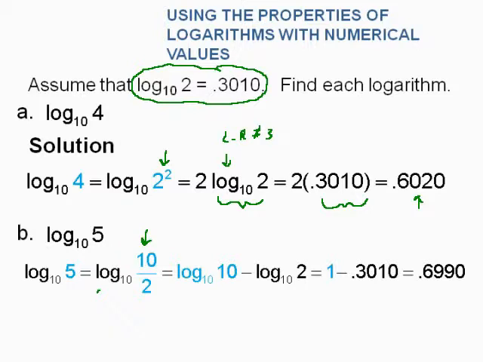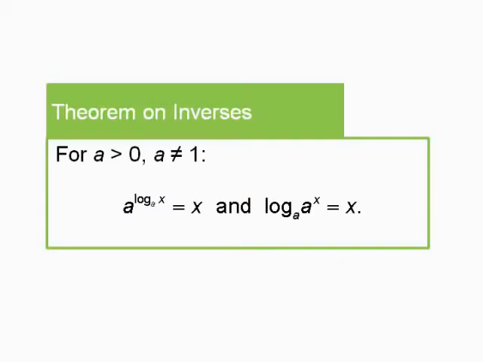And then we could say the log base 10 of 10 minus the log base 10 of 2. Now here, log base 10 of 10 is this number 1 minus this. So see, you're going to get all kinds of tests here for your logarithms. So be ready and be tough.